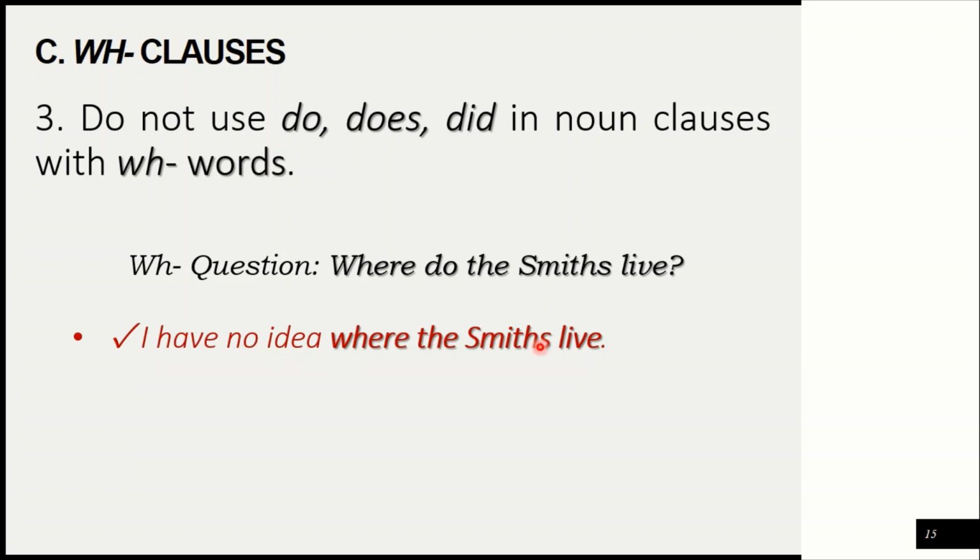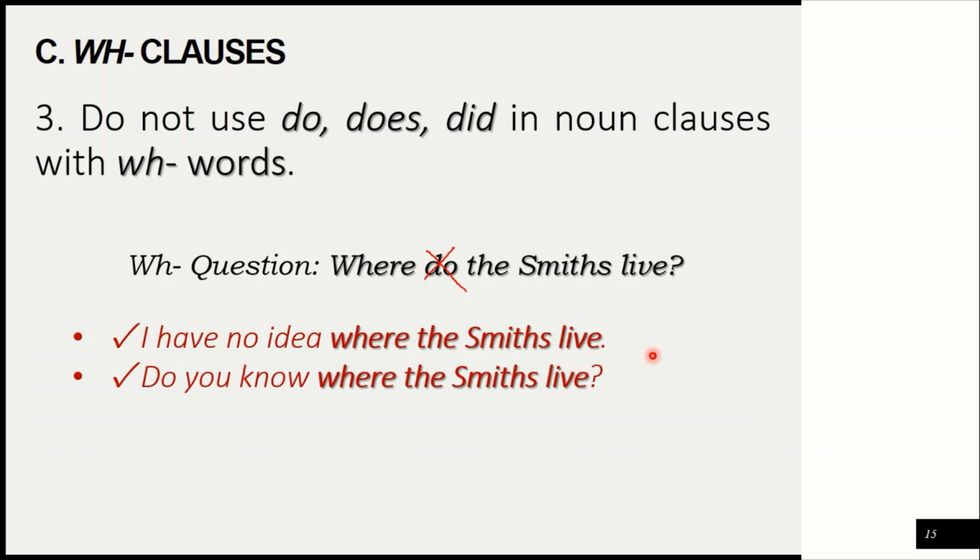Remember that these ones are dependent, so you need something extra to complete the idea. So you have I have no idea. You have the WH word right here. We drop the auxiliary, right? We do not need it. And then you just change the sentence into a standard subject verb order, right?